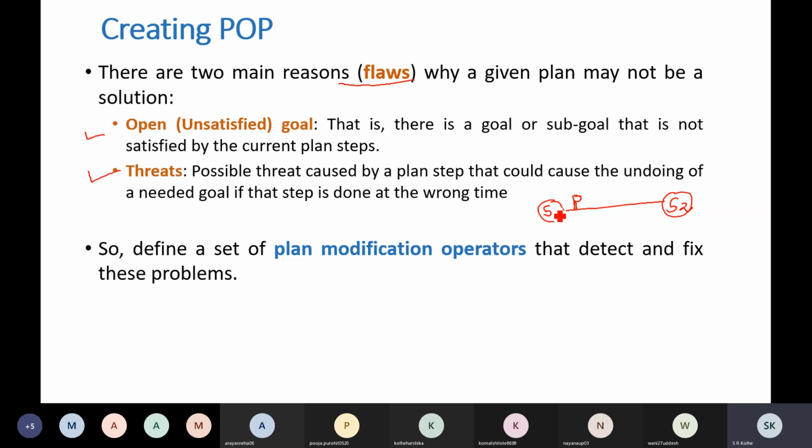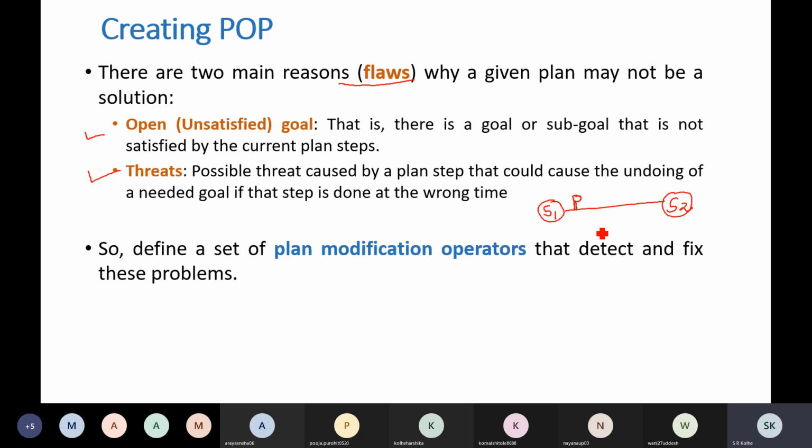Again, we have state S1 which comes before S2. After execution of S1, its effect, result, is predicate P which is true, which is a precondition for S2. That means to execute S2, P has to be true.